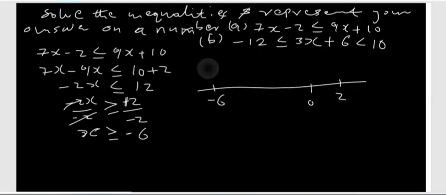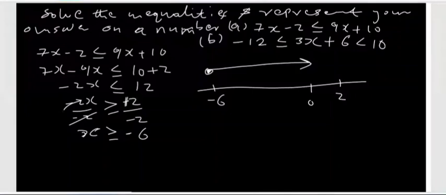We are going to have this, and it's going to be shaded, and it will point this way, greater than. The arrowhead is shaded because of the greater than or equal to.